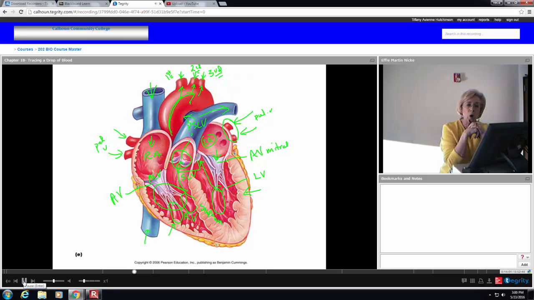But if you want to either go up to the right side of the head or the right arm, you're going to take the first exit. And that first exit is called the brachiocephalic artery.